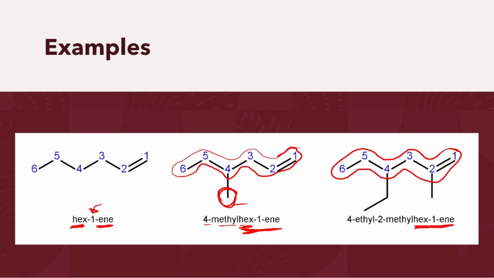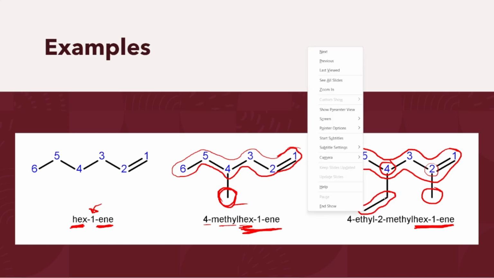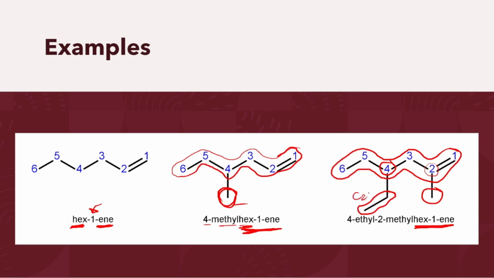Do we have anything else in the compound? Yes. At carbon number 2 we have a methyl group, and at carbon number 4 we have an ethyl group. This is CH2 and this is CH3, so they are C2H5. This means this is an ethyl group and this is a methyl group.